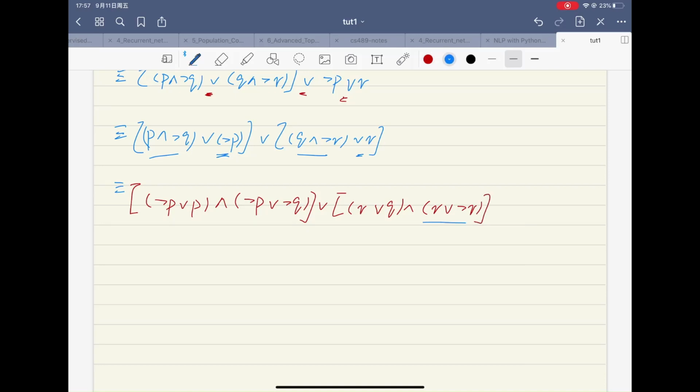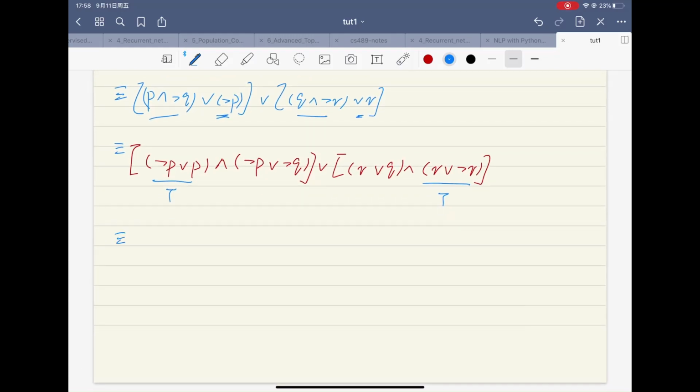Here, R or not R is true by the inverse law, or what's it called, the law of contradiction. Here, same thing, it is true by the inverse law.